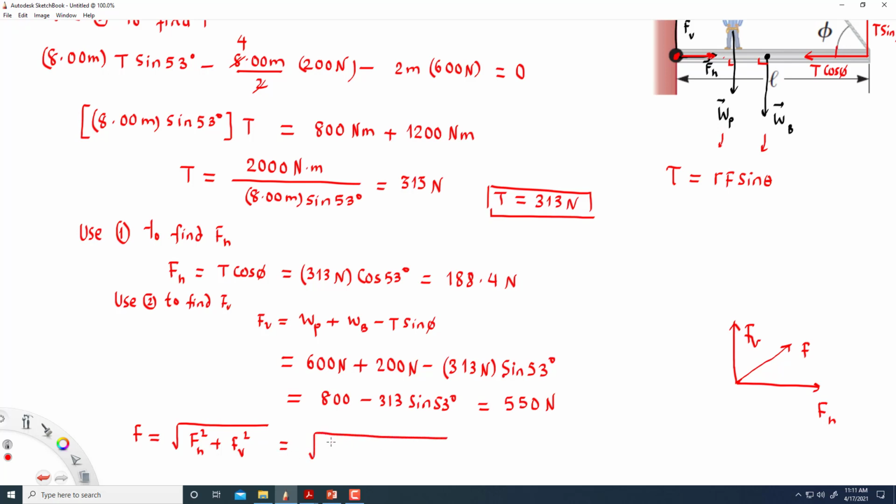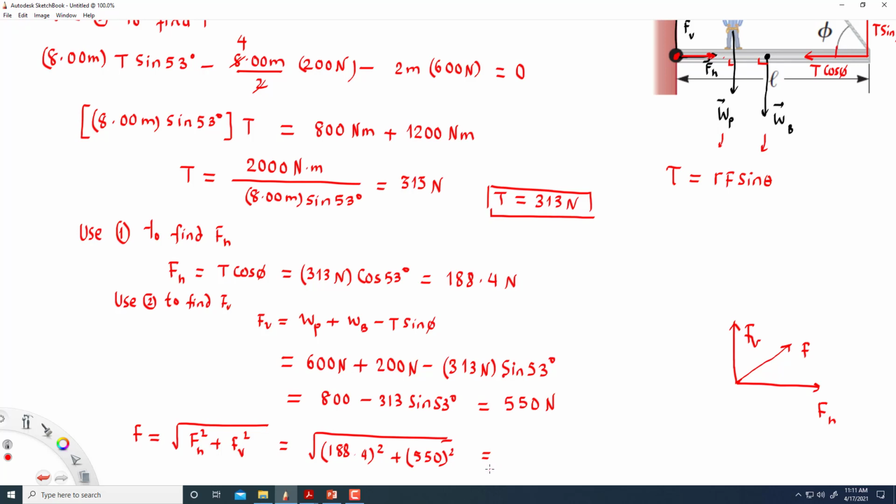So FH is 188.4 squared and FV is 550 squared. So let's see what we get. So square root of (188.4 squared plus 550 squared).